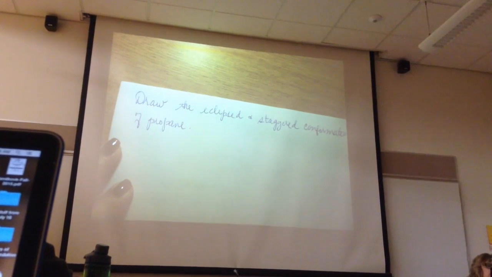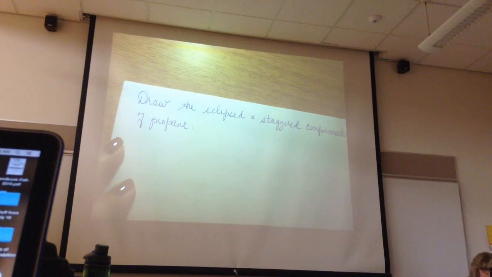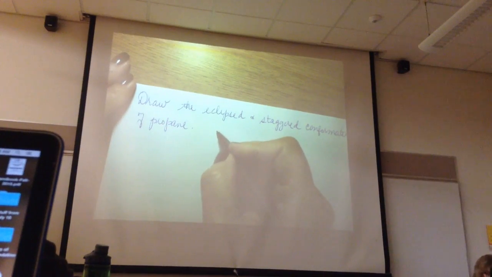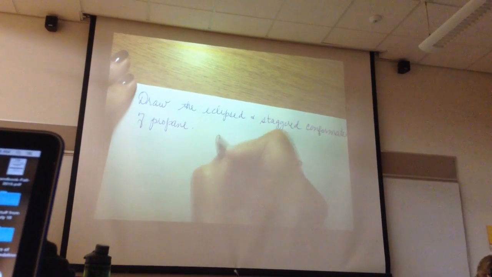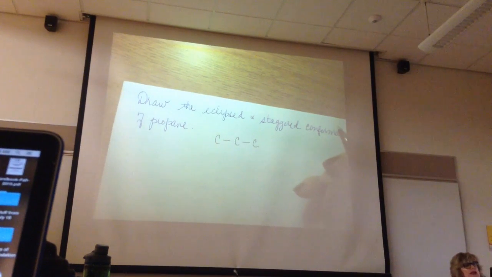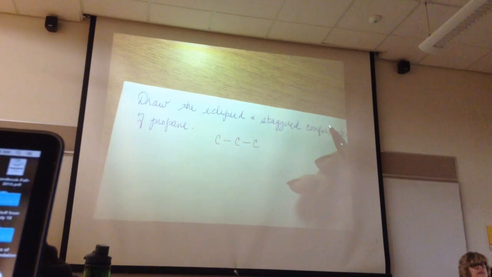Okay? And so my recommendation to you is that we always have something that we grab on to figure it out. So I will start by drawing propane now like this. Because remember, in Newman, there's only a front and a back carbon, and they are adjacent to one another.